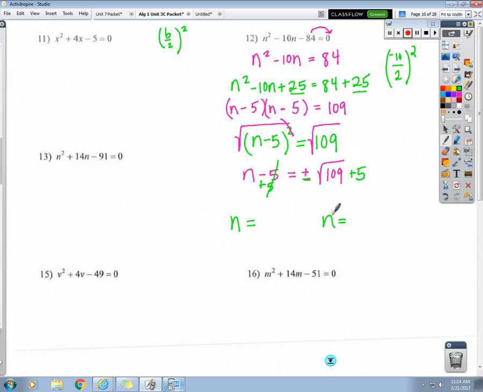Negative goes on the outside, yes. Okay, so when you typed in the square root of 109 plus 5, what's your calculator say? 15.4. When you typed in the negative square root of 109 plus 5, what does your calculator say? Right.